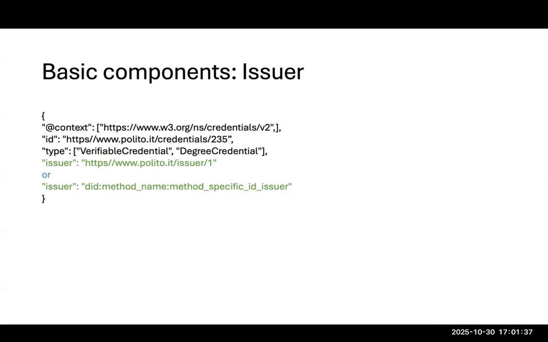So in this second example, you will have the well-known DID of Polytechnico of Torino. Otherwise, you have a URL, and you know it is issuer number one among the set of issuers deployed by Polytechnico of Torino.